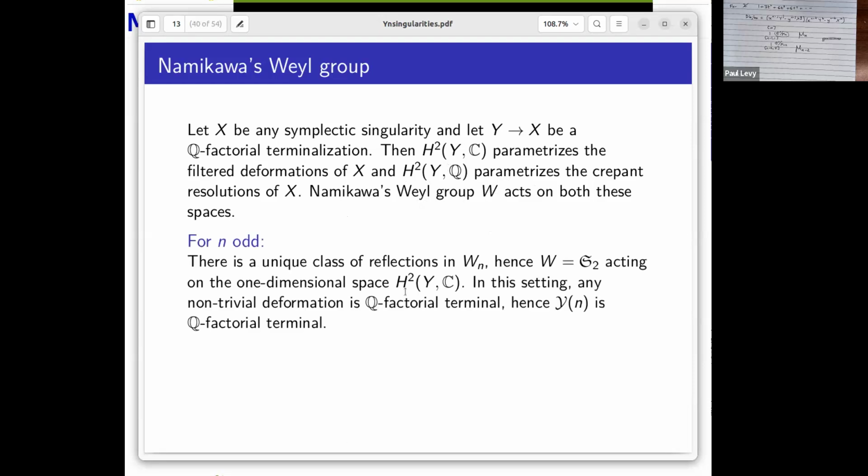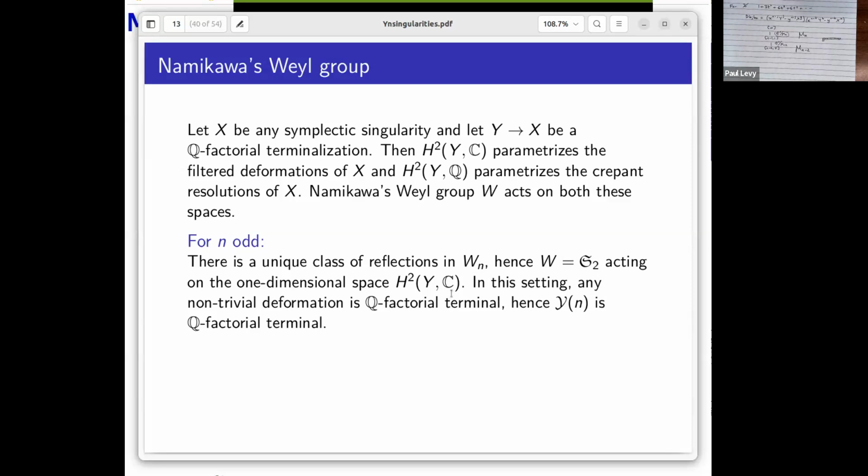For n odd, as I said earlier, there's a unique conjugacy class of reflections. That means Namikawa's Weyl group is S_2, and it acts on a vector space of dimension 1. There's a one-dimensional space, whether you're over C or over Q or R.